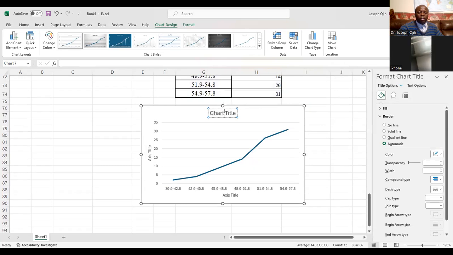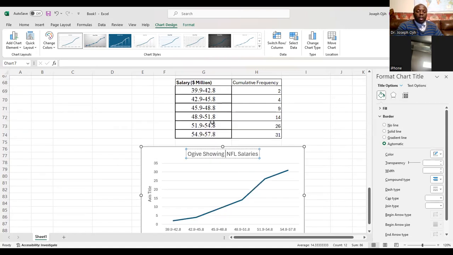Three times, just three times. 1, 2, 3. Ogive for NFL salaries. Okay. Ogive showing NFL salaries in the season.